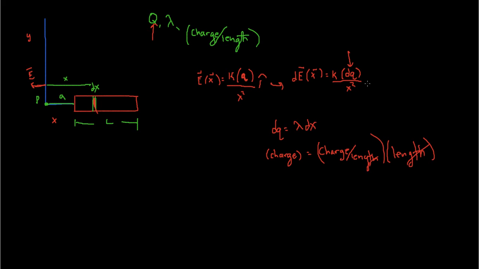So now for this equation, we can say that the changing electric field vector in the x direction, and I just dropped the i from the vector notation, but you would essentially have to leave that in. I'll put it in at the end. So the changing electric field in the x direction is equal to k, substituting that expression in for dq, times the uniform linear charge density times the infinitely small changing length over the distance squared.